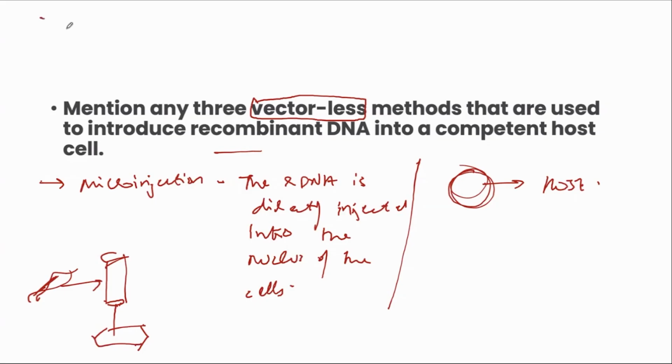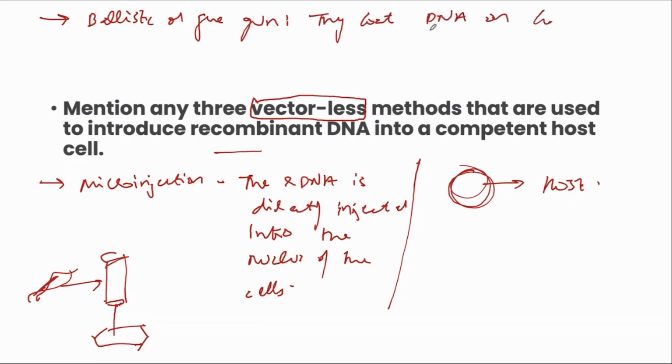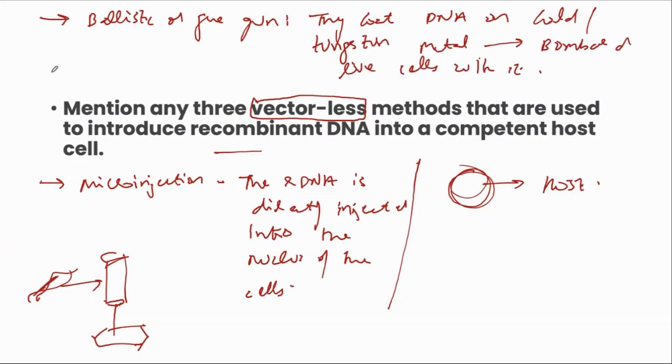The second example was the ballistic or gene gun. In this, they coat DNA on gold or tungsten metal balls and bombard live cells with it. And the third was using a bacteriophage. In this method, we basically pack the DNA into a bacteriophage and then deliver it.